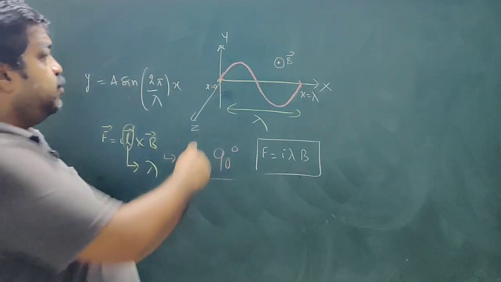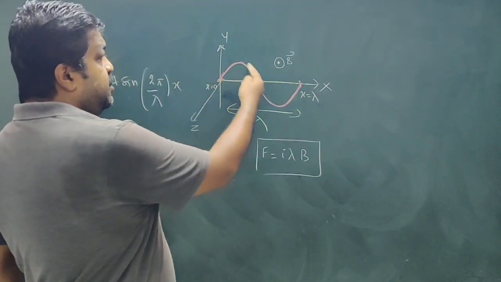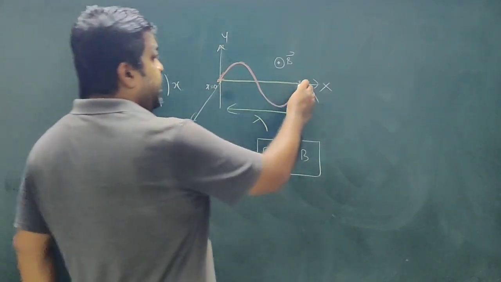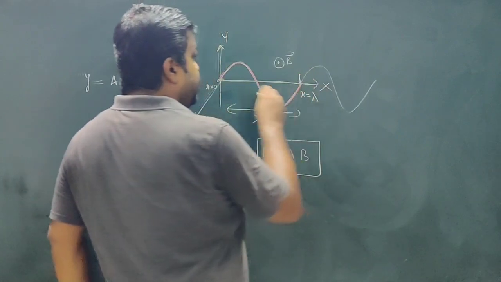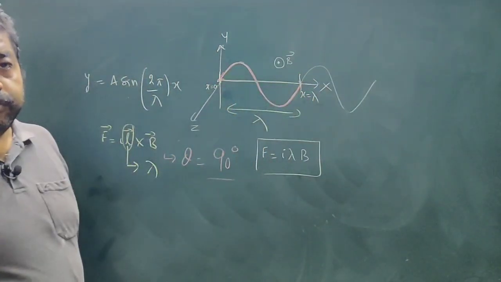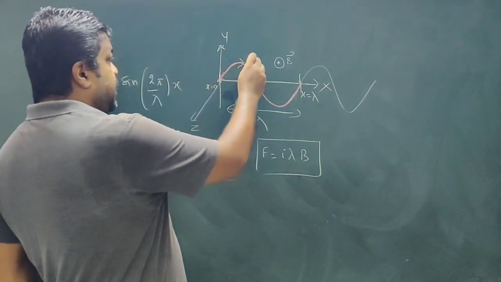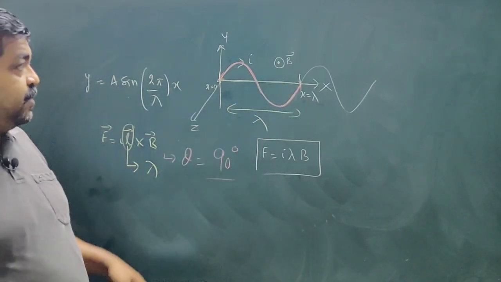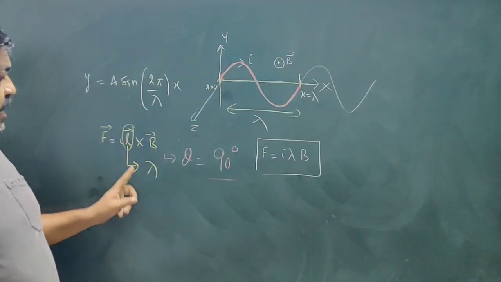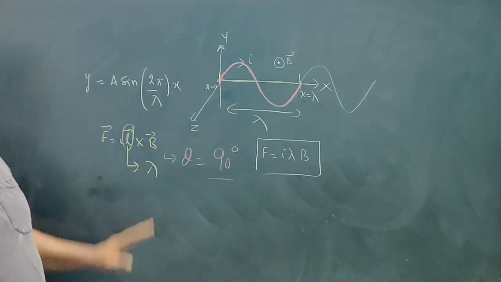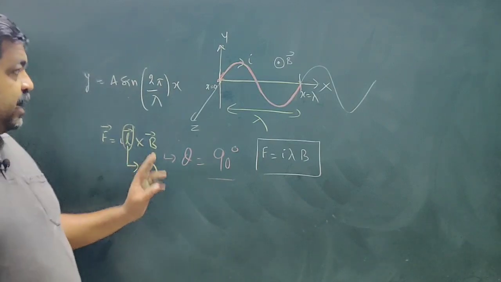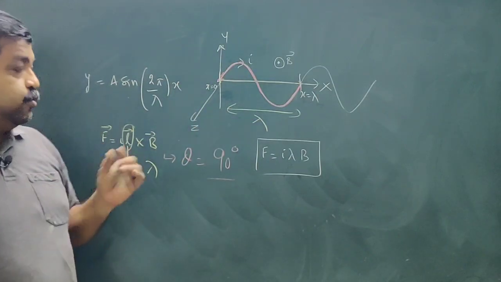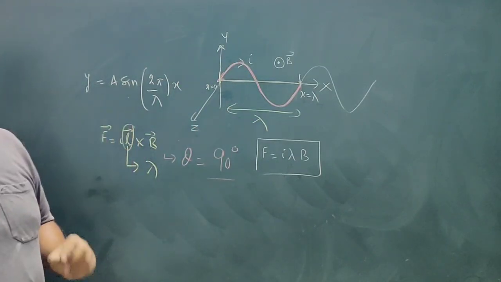This wire of this shape is placed between these two points, and it is carrying some current I. The magnetic field is perpendicular to the plane of the board. But the main concept is that L is lambda. If you don't have an idea of how to take the value of L, this problem becomes very difficult, so this concept is very important.